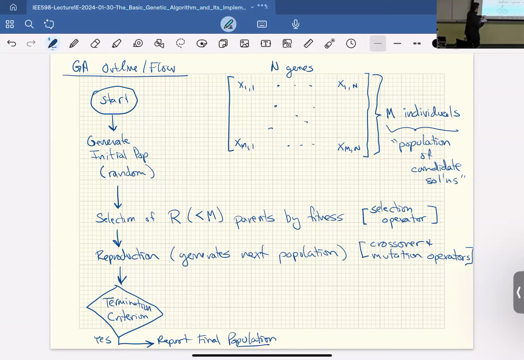So with the final population, it's tempting to just report the best of the final population, and ultimately that's what most people will end up using. But sometimes if there's a bunch of solutions that are all very similar in fitness, but they vary in other ways, it can be valuable to keep them, because remember, these are all heuristics.